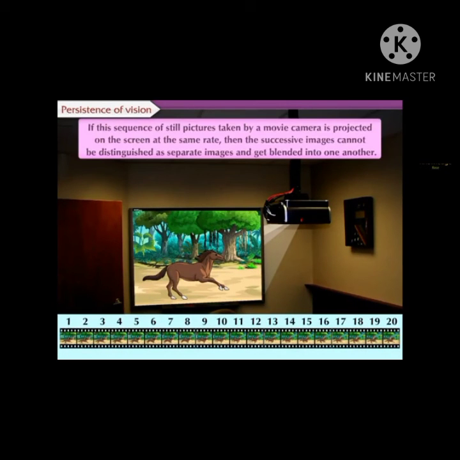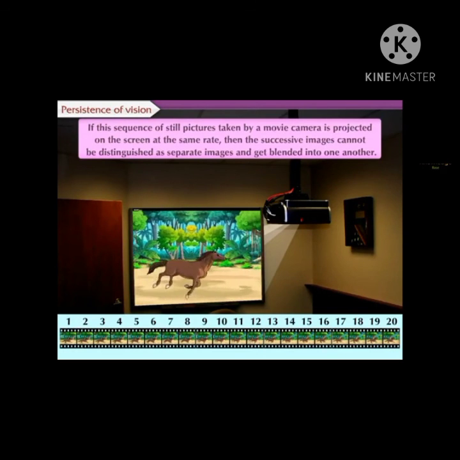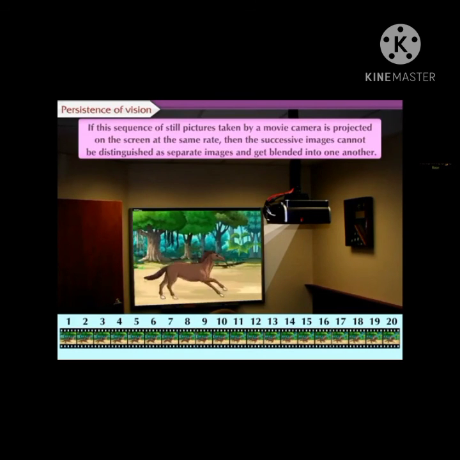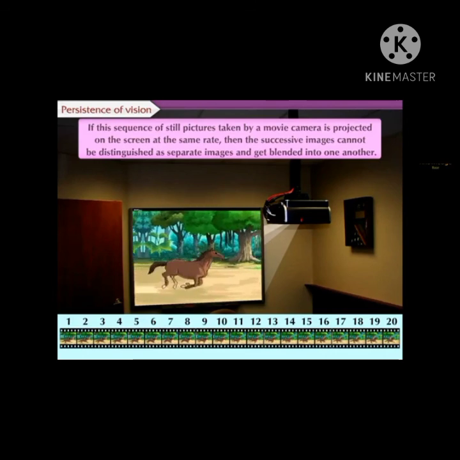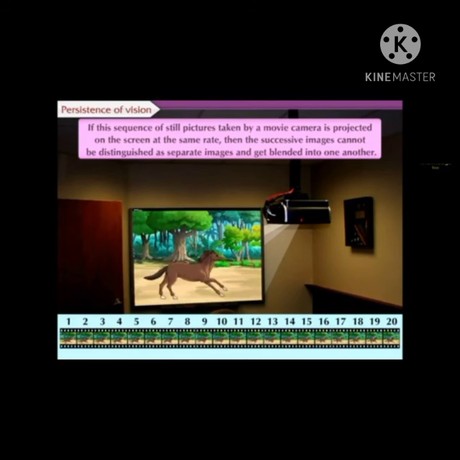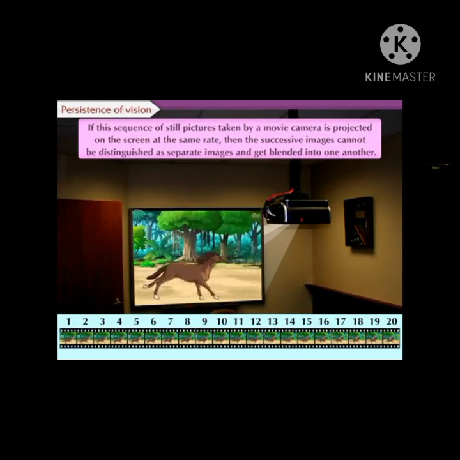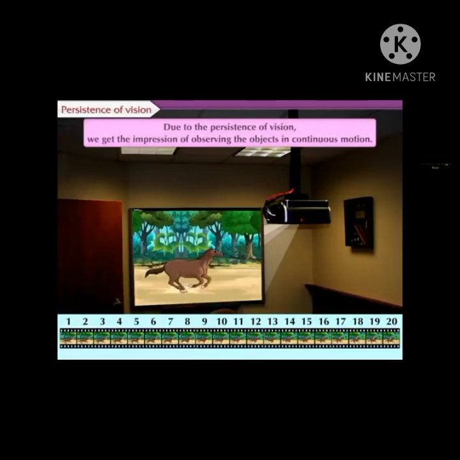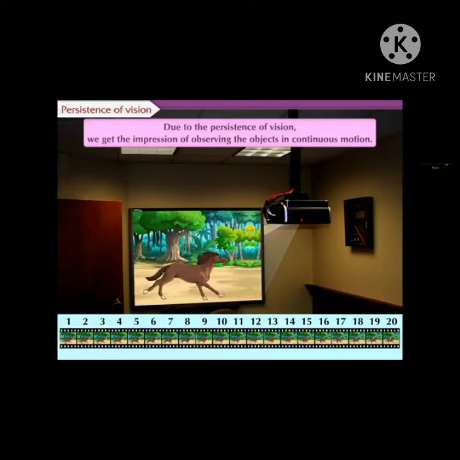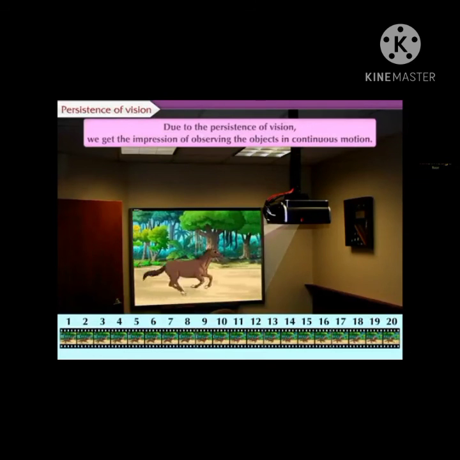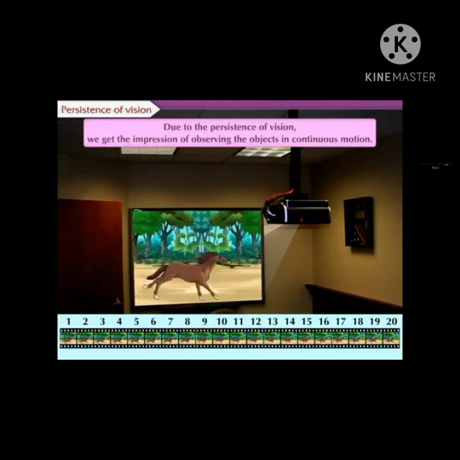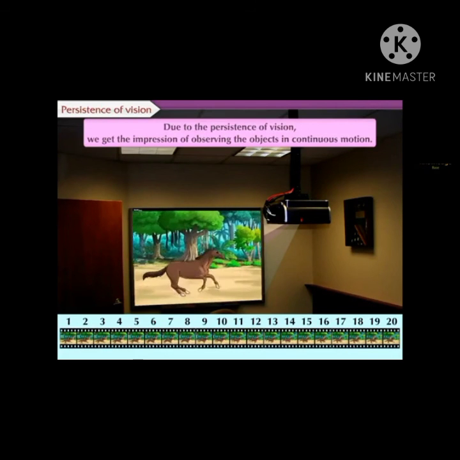If the pictures taken by a movie camera are projected on the screen at the same rate, then the successive images cannot be distinguished as separate images and get blended into one another. But due to persistence of vision, we get the impression of observing the object in continuous motion.